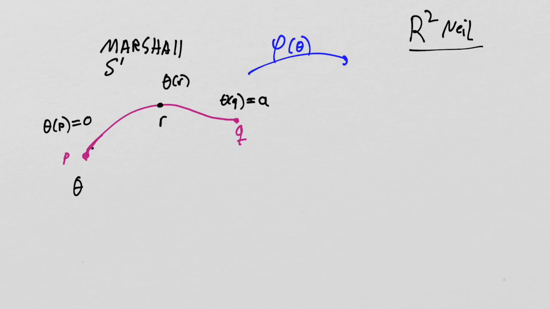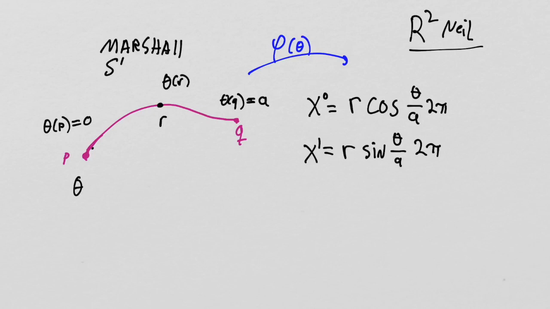So here's a logical choice. The coordinate system on Neal is going to be x0, x1, like that, right? And I choose some constant r, whatever, that constant could be anything. And then I take the cosine of theta over a, where a is this max value.